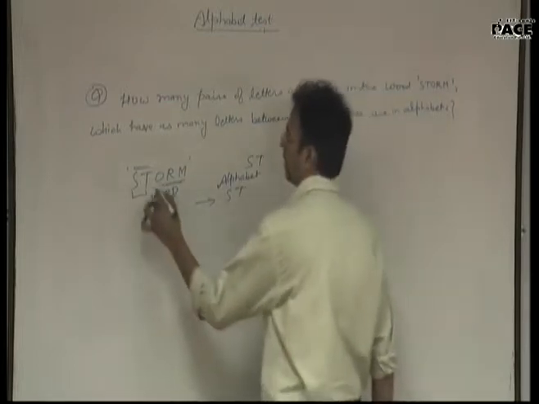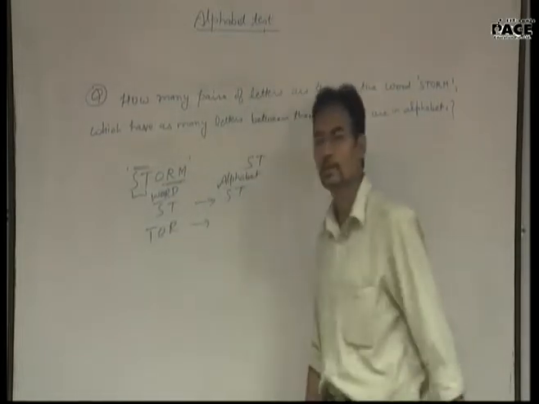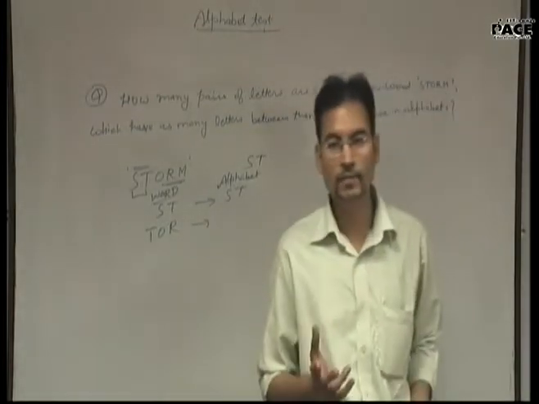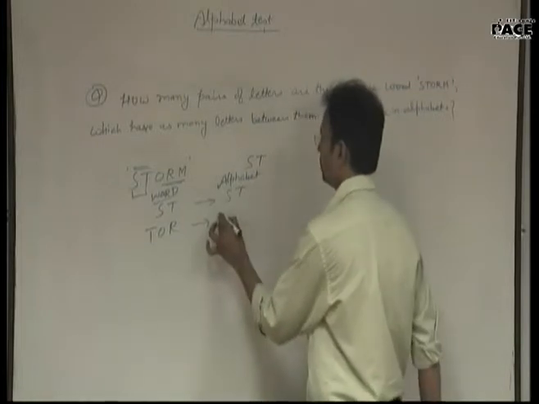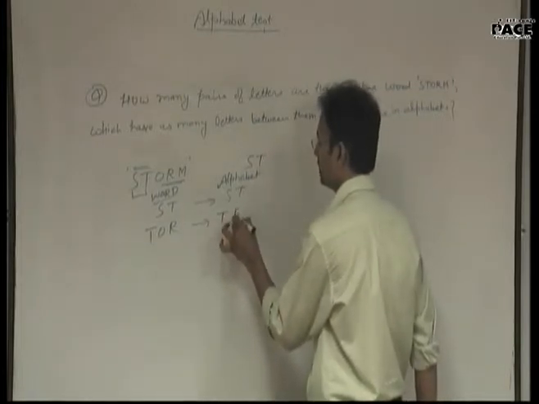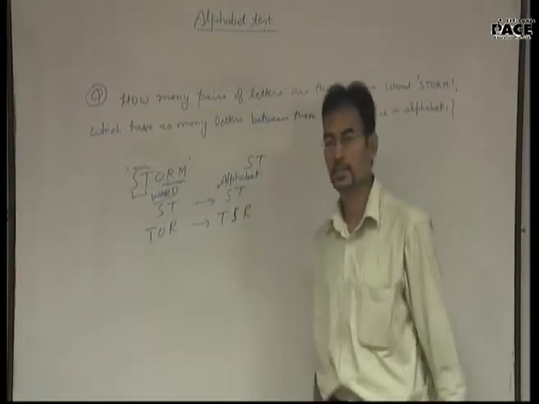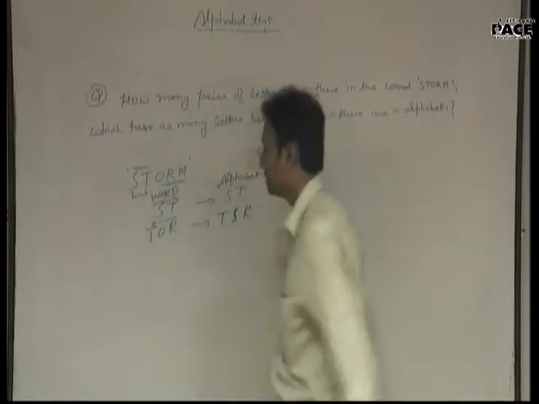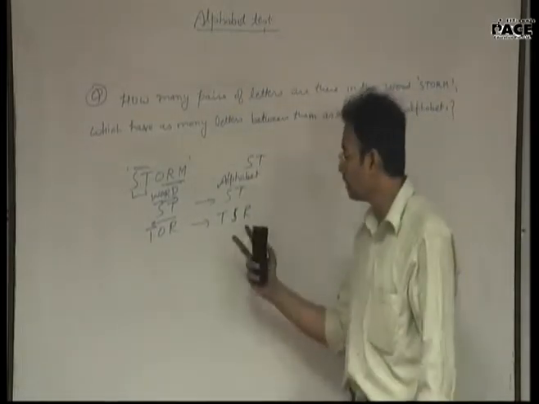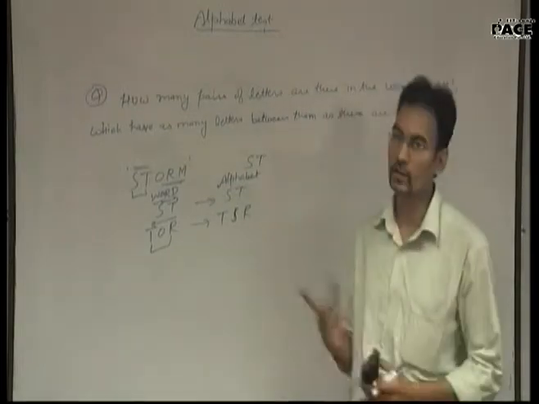Similarly, O, R. Between R and T we have one letter. And there also, if we write in reverse order, it is R, S and T. Direction is different. Here the direction was here, direction is this way. But the number of letters between T and R, another pair, is one only.